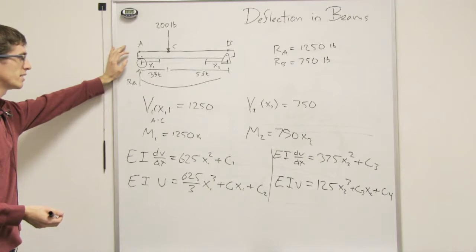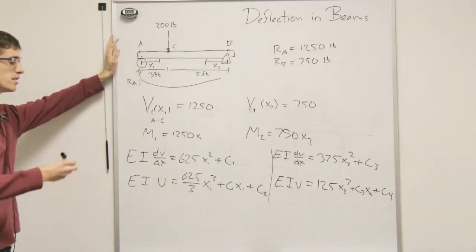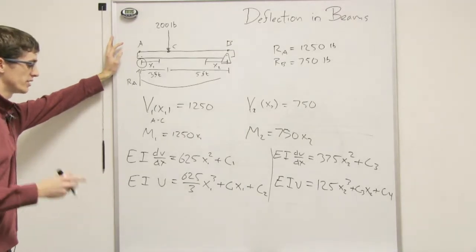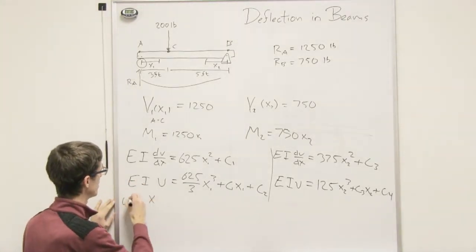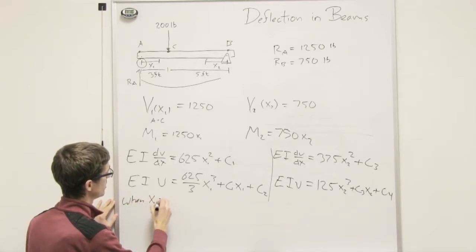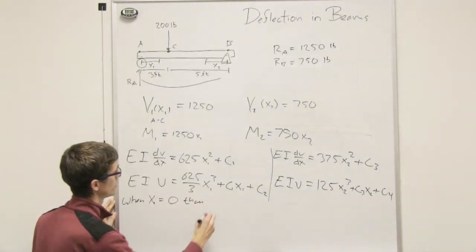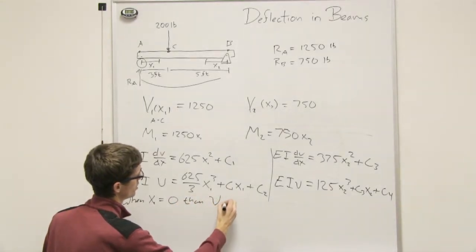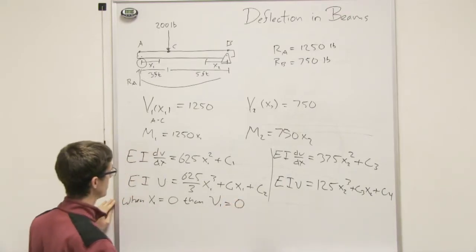So we know that when x1 is equal to 0, then the deflection is equal to 0. So V is equal to 0. So let's write that down. When x1 is equal to 0, then we'll call it deflection 1 is equal to 0 as well.